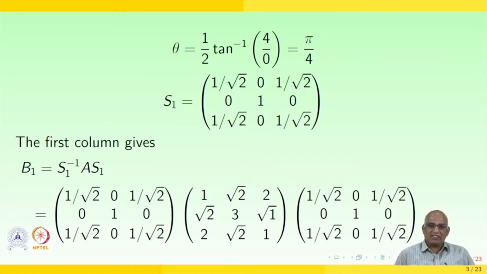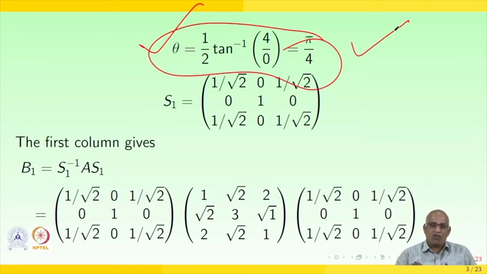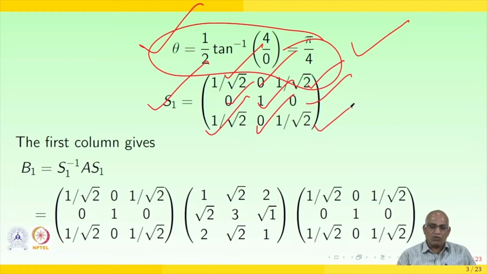So theta is equal to 1 by 2 times tan inverse of 4 by 0, which turns out to be pi over 4. And we can write the matrix S1 as 1 over root 2, 0, 1 over root 2; 0, 1, 0; 1 over root 2, 0, 1 over root 2.